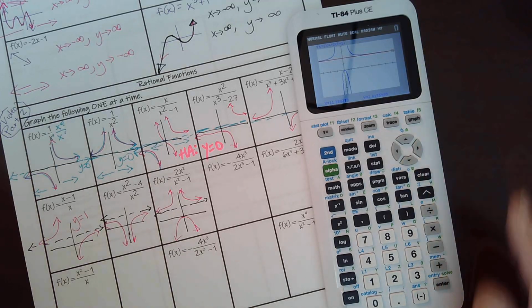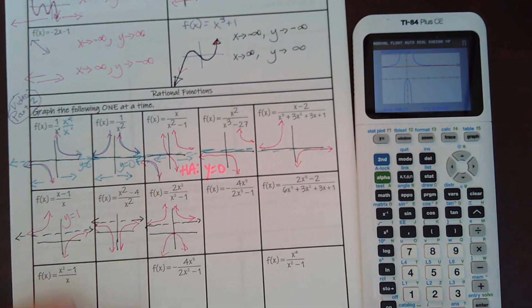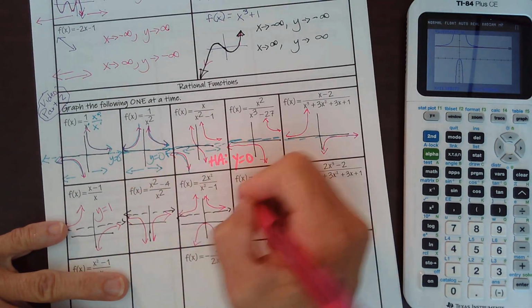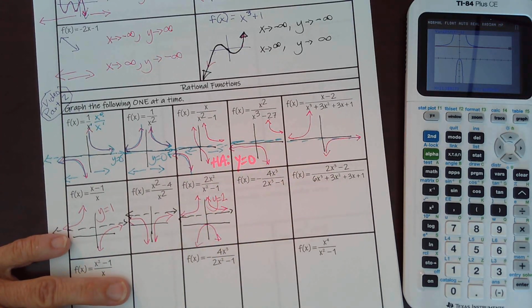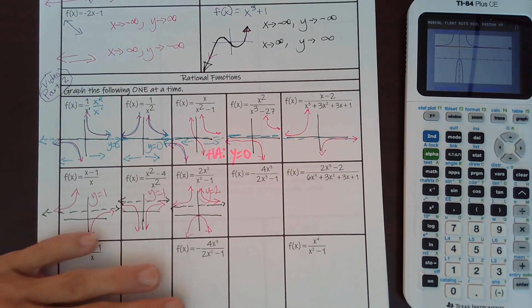It's getting very close, and it appears that it touches or intersects, but it doesn't. All right, so for this one, the horizontal asymptote was y equals 2, and I didn't write this one on here. This one was y equals 1.